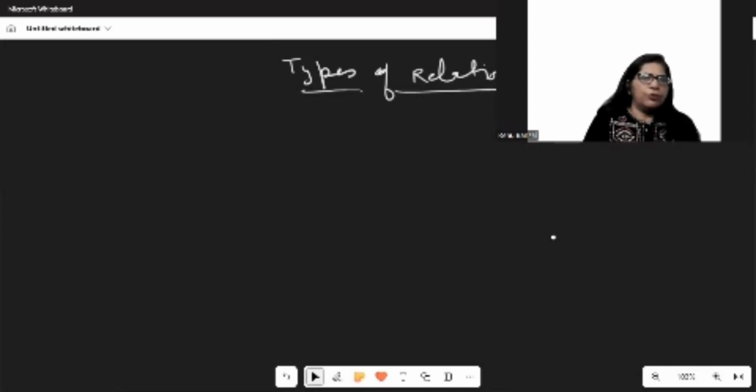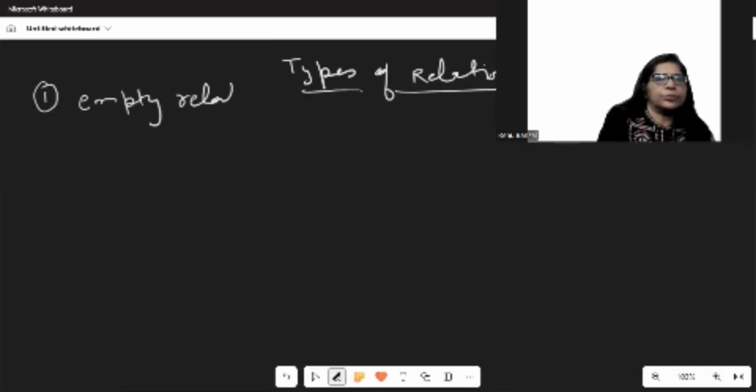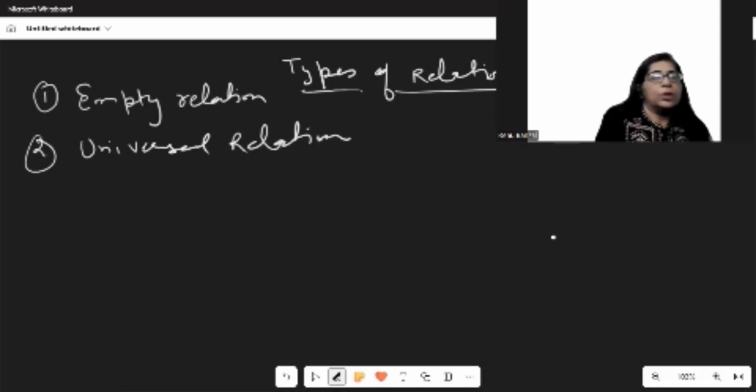So the first type is the empty relation. The second is the universal relation. And the third is the identity relation.